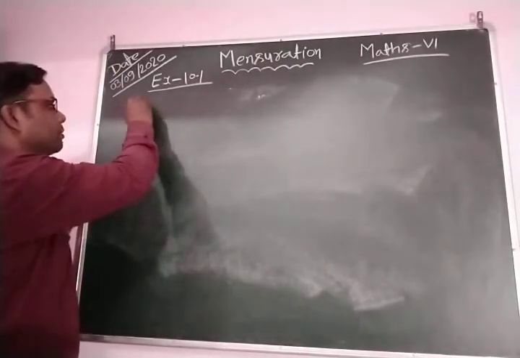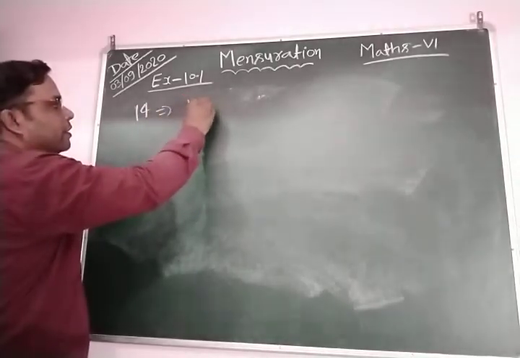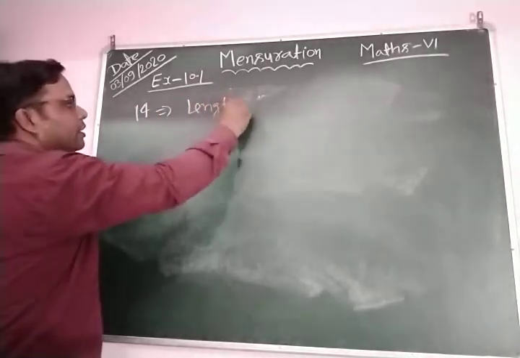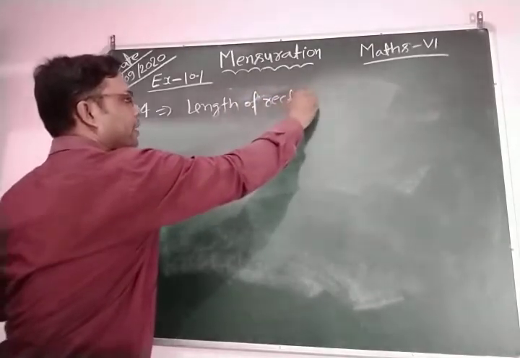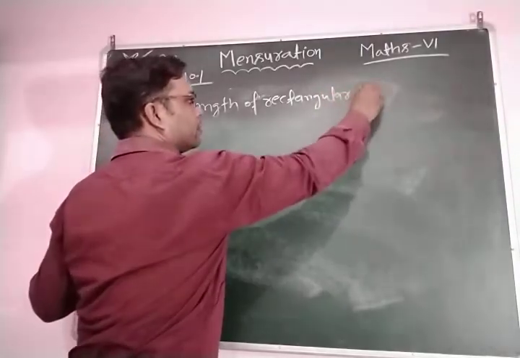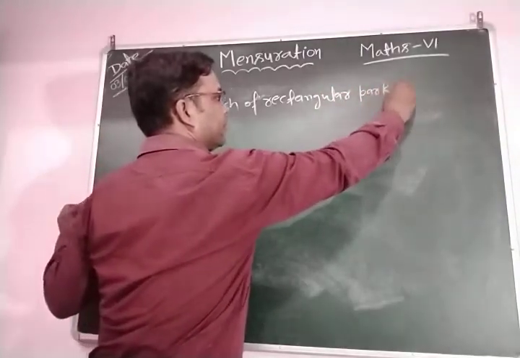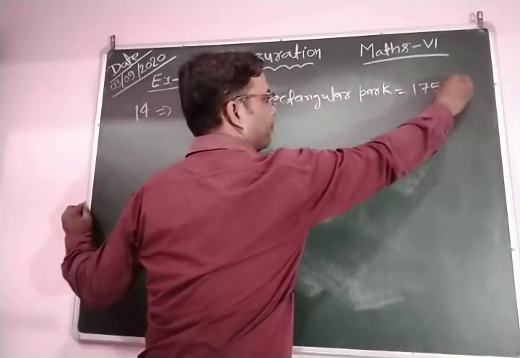Now in this question number 14, what is given? The length of the rectangular park is given, this is equal to 175 meters.